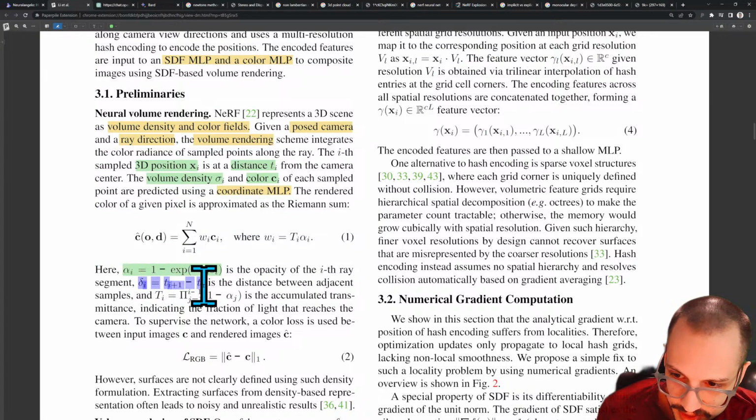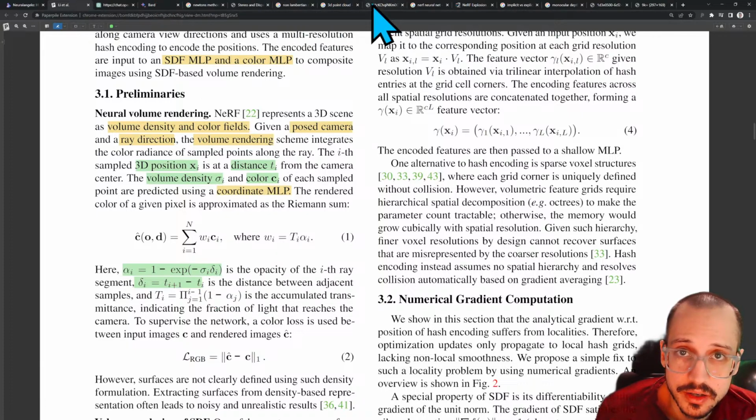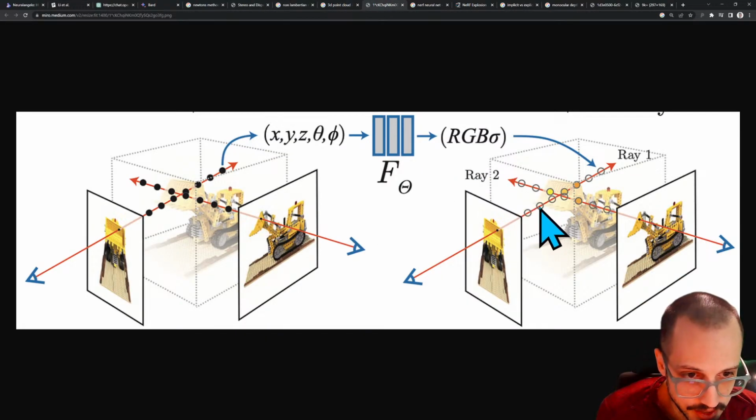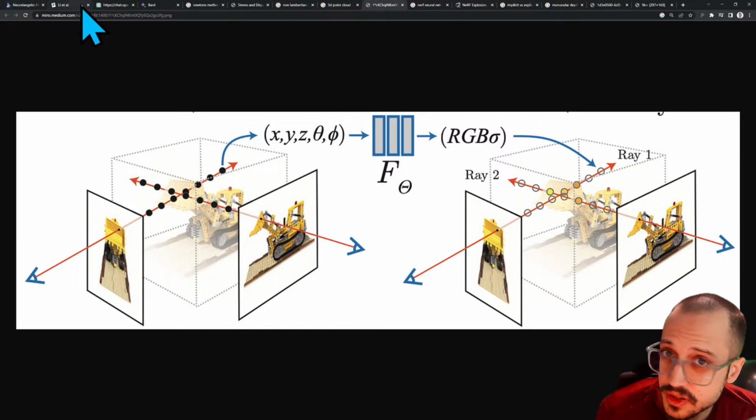So delta_i is t_{i+1} minus t_i. So going back to our picture here, delta_i would be the distance between this sample here and this sample here, right? So you're taking the distance between those.